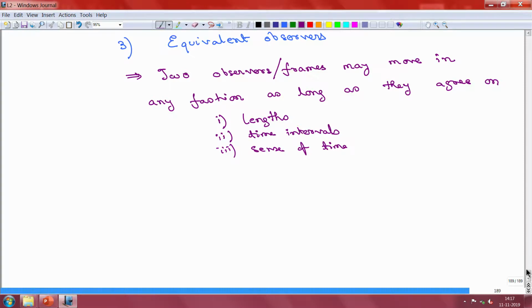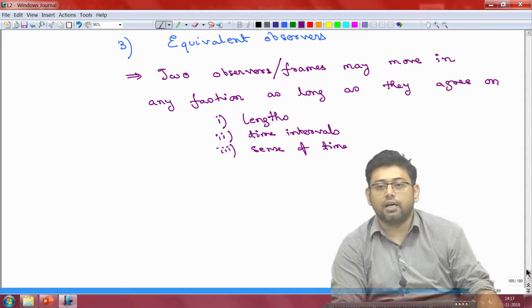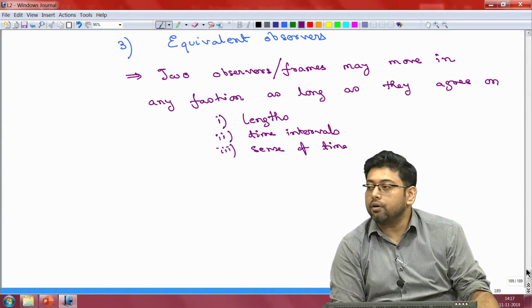So, two observers may move in any fashion as long as they agree on lengths, time intervals, and sense of time.